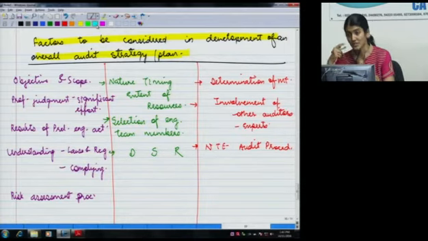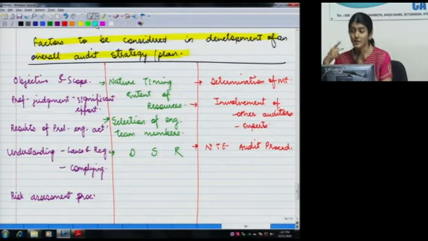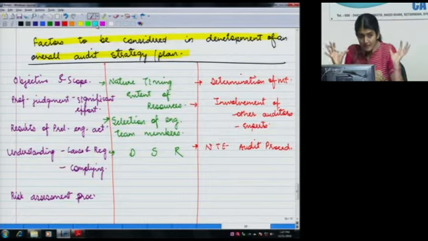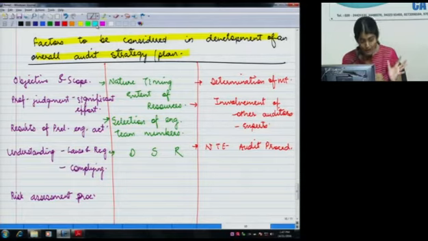Objective and scope, which areas need more effort, results of PEA, then the laws and regulations and how they are complying, risk assessment procedures, resources required, selection of those resources, DSR, determination of materiality, involvement of experts, and also the audit procedures. Then, what does it say? Considering these factors, you have to prepare an audit plan. Do you understand? Considering all these things, you have to prepare an audit plan.